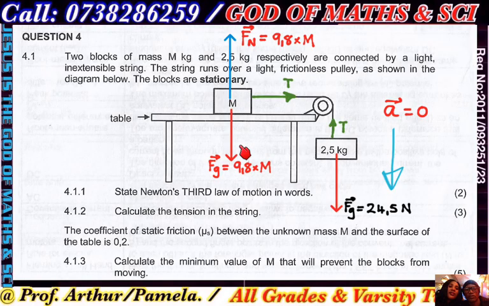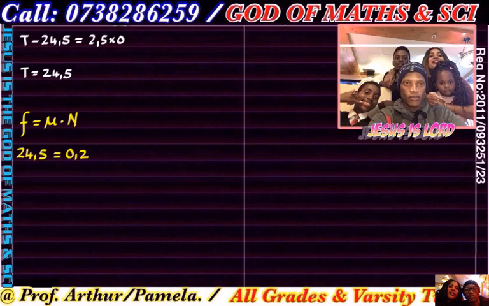We can see upwards equals downwards, which is 9,8 times the big M. So we can do this calculation here: 1,96 times the mass. We divide both sides by 1,96, and then we end up with the value of M.